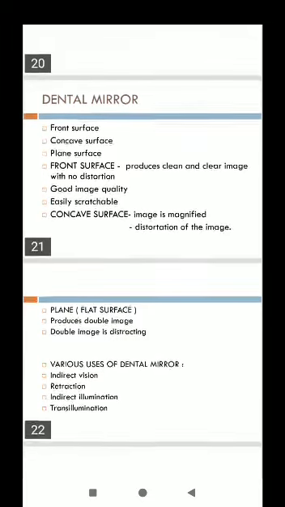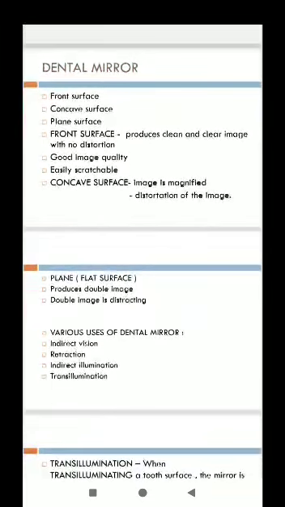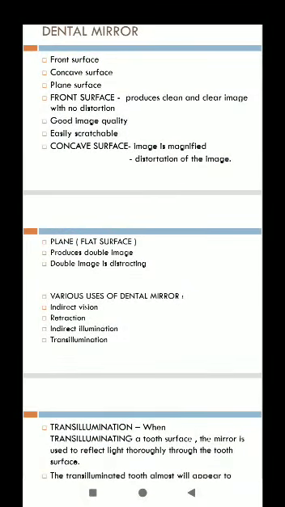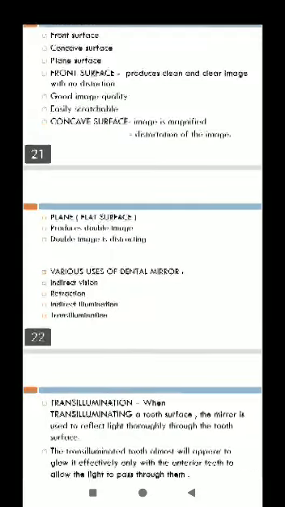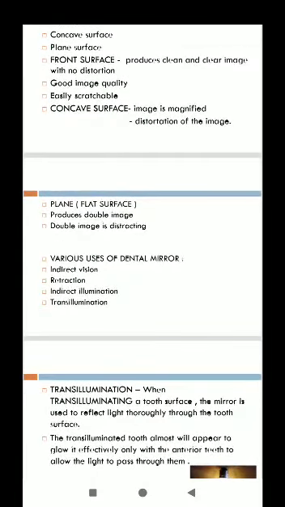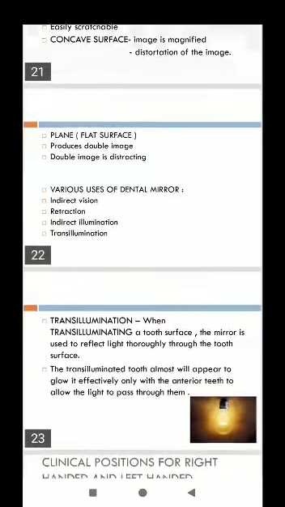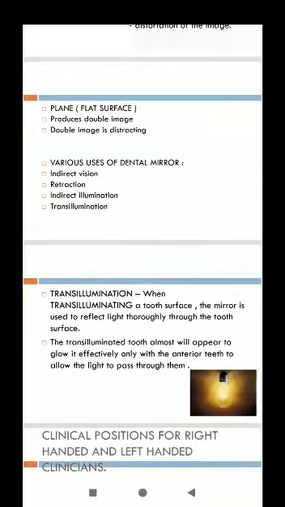Double image is distracting. So various uses of the dental mirror are indirect vision, indirect illumination, trans illumination and retraction. With the dental mirror, you can retract the patient's cheek, lip or tongue. So coming to trans illumination.